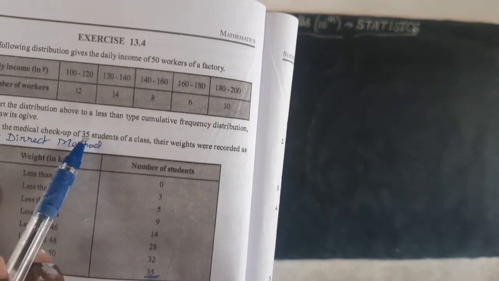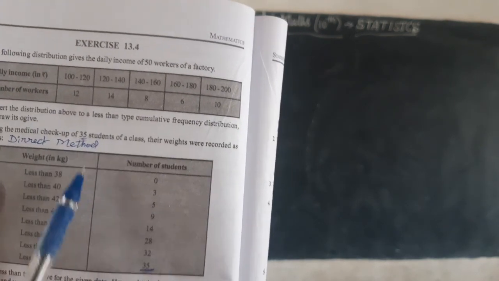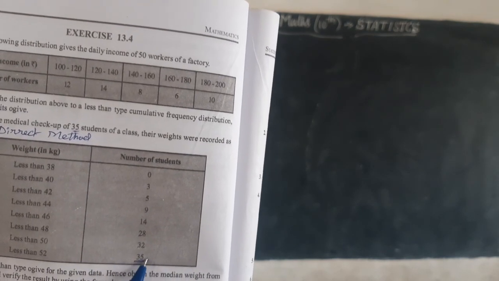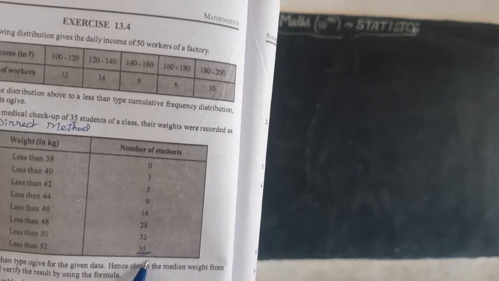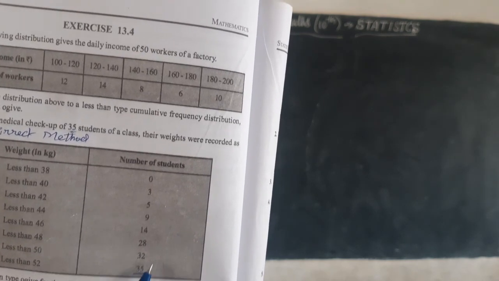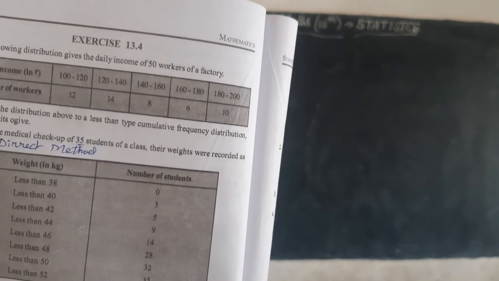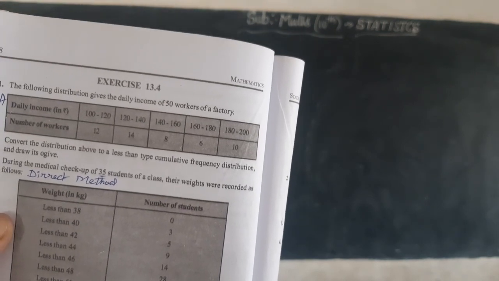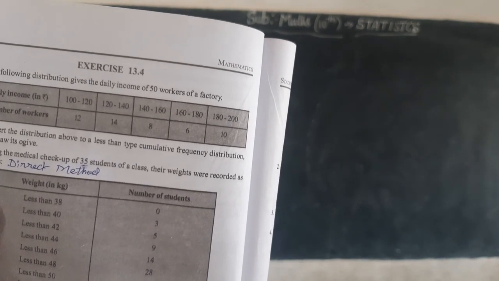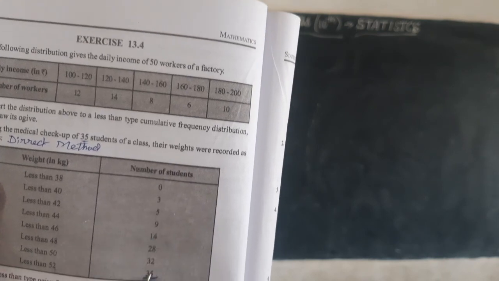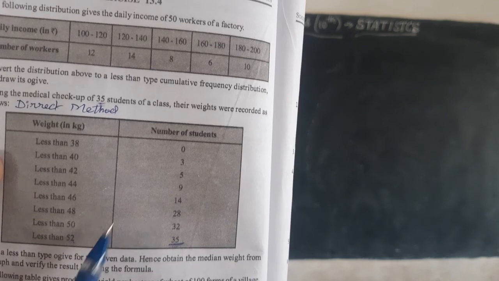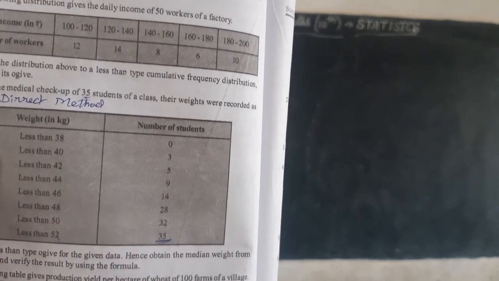If we have 35 in the question and in the cumulative frequency column also we get the last digit 35, it clearly indicates that this is what we call the cumulative frequency column. This is what we call the less than column. This column we call the x-axis column, and this column we call the y-axis column. Understand children?